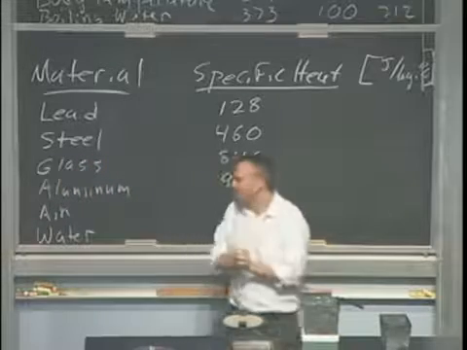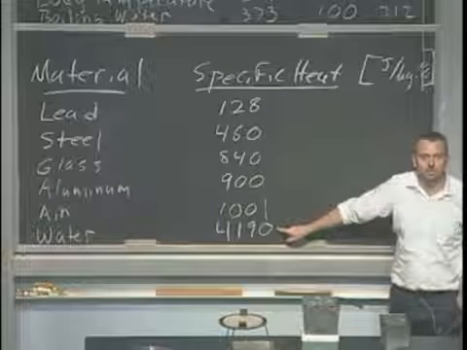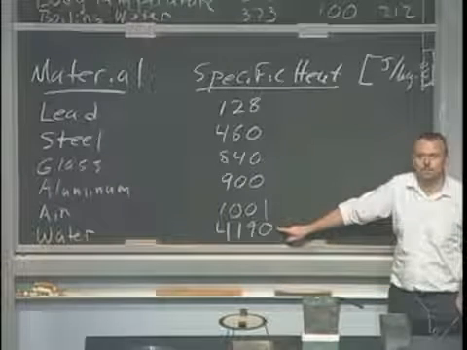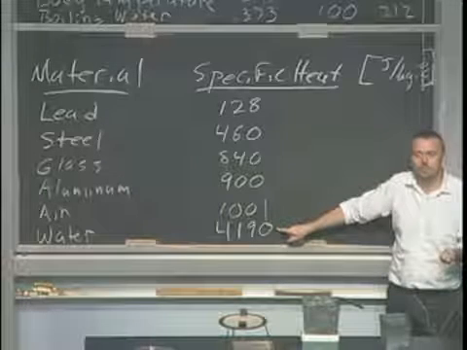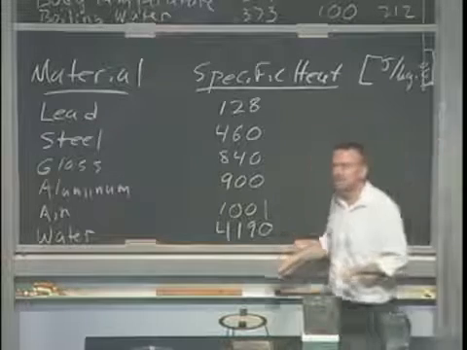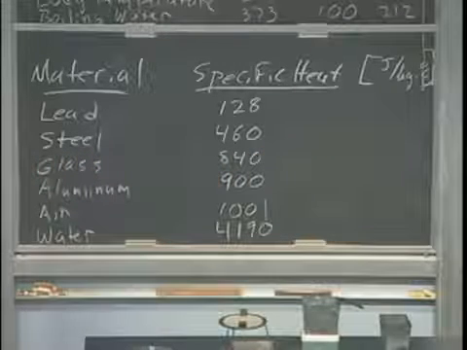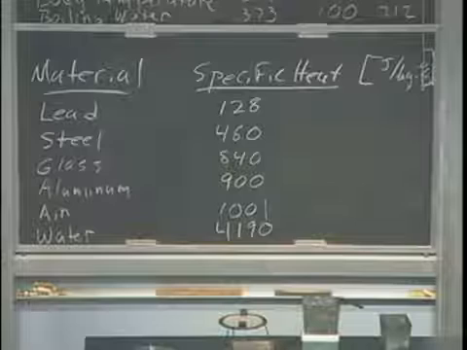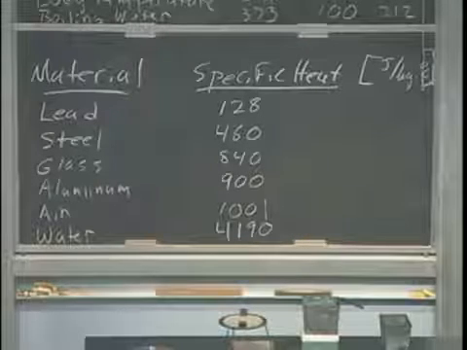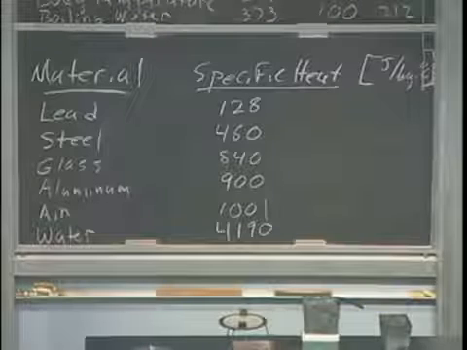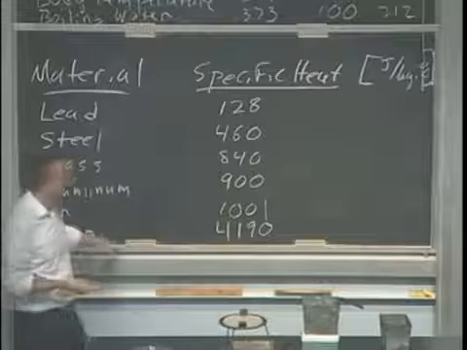So for example, water has a huge specific heat compared to most materials, which means that for a given increase in its temperature, it can hold a lot more energy. Okay? And so, for example, oceans. The oceans, when they heat up in the sunlight, right? So if they heat up a few degrees, heating them up requires a lot more energy, okay?